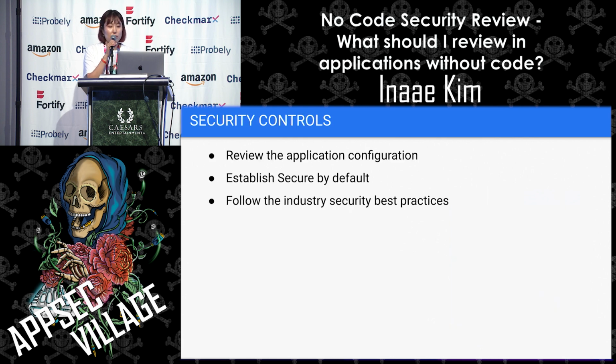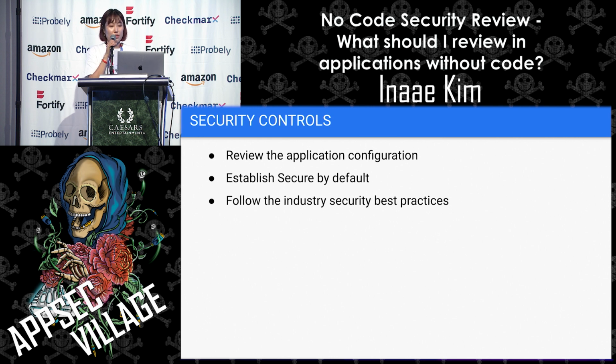So what type of security control do we need? First thing, obviously, review the application configuration, and also establish secure by default. Make sure you always set up security by default, which minimizes misconfiguration by the citizen developer and means less time training them. If everything is set up securely, they will learn how to use the security controls.